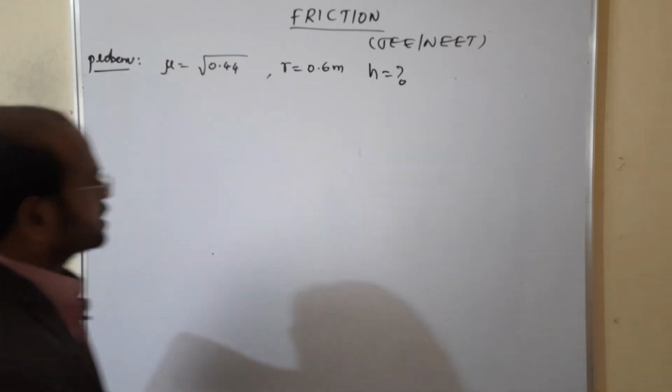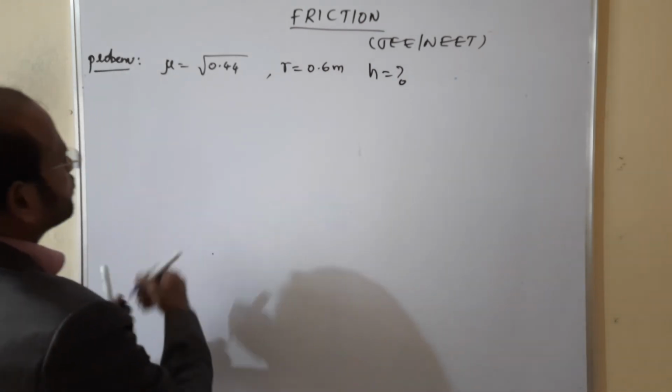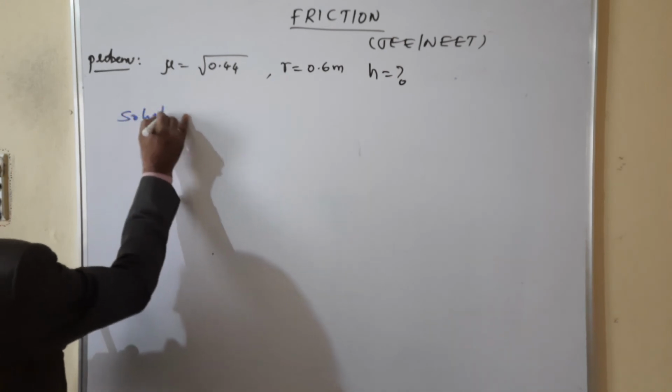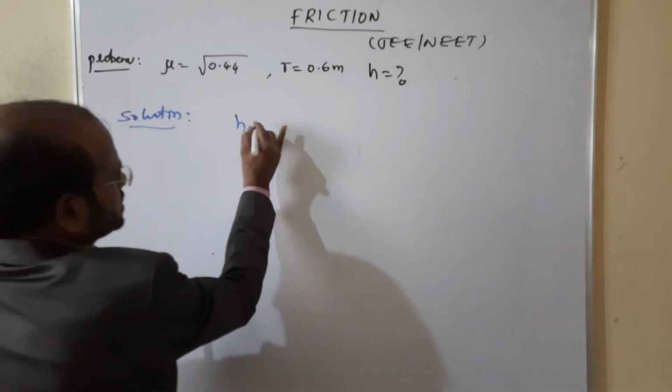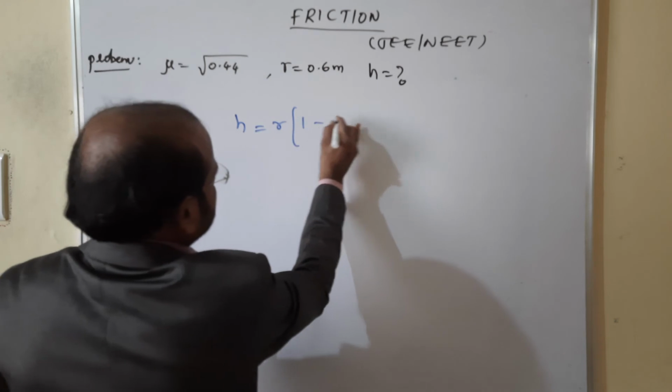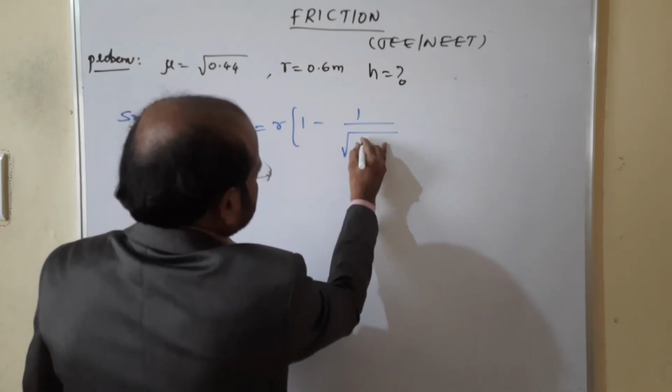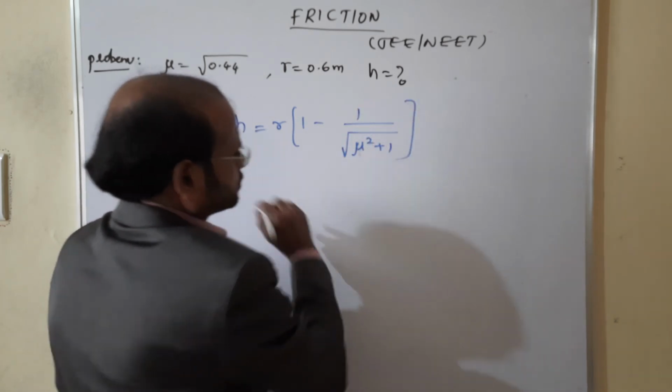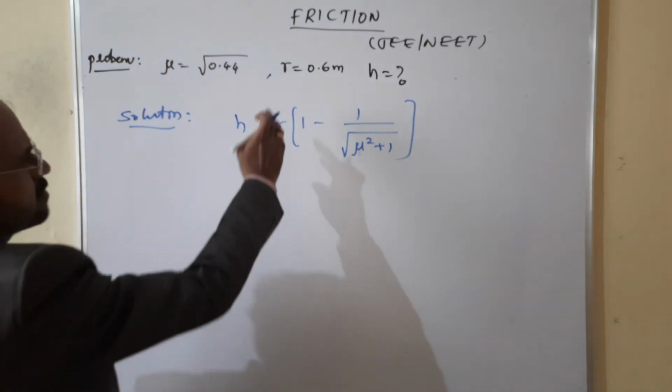Here the coefficient of friction is given as well as the radius. It is asking for the maximum height the insect can reach. Just now we derived the relation. We can write the solution as h is equal to r of 1 minus 1 by root over mu square plus 1. What will be the r value? 0.6.